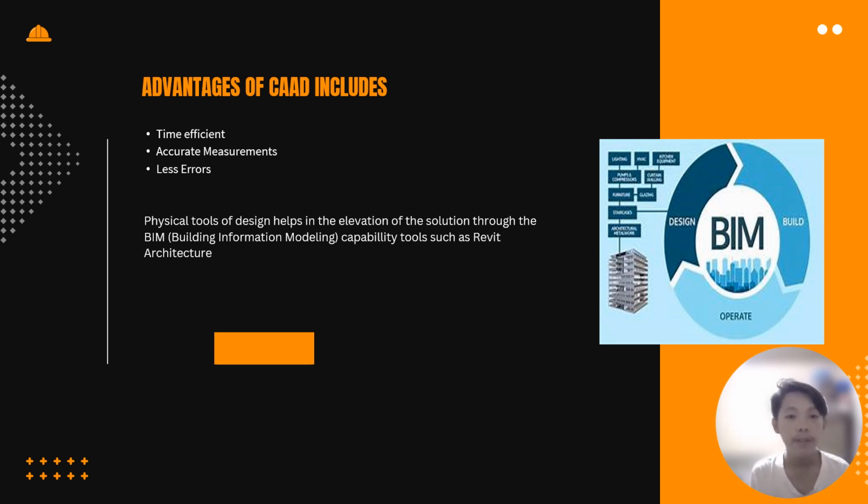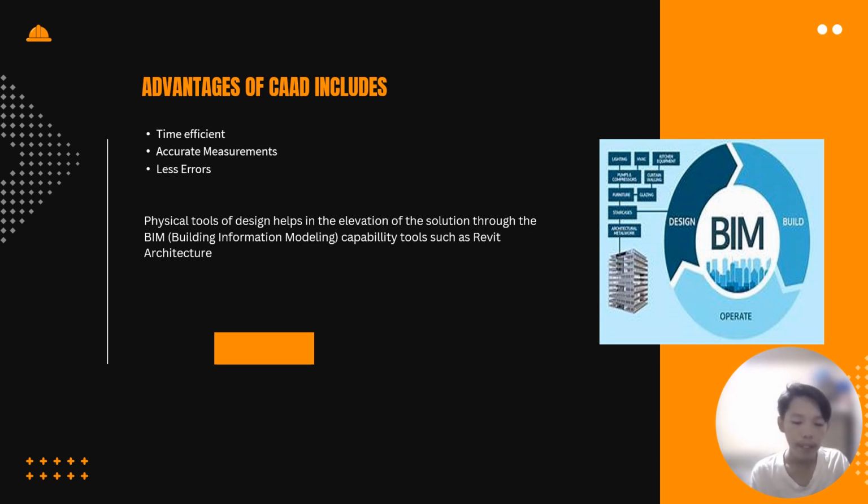So, physical tools of design help in the elevation of the solution through the BIM or Building Information Modeling capability tools such as Revit Architect. So, etong BIM na ito or Building Information Modeling is another tool na very helpful to provide a more accurate representation of the project, allowing for better coordination and planning sa isang structure.